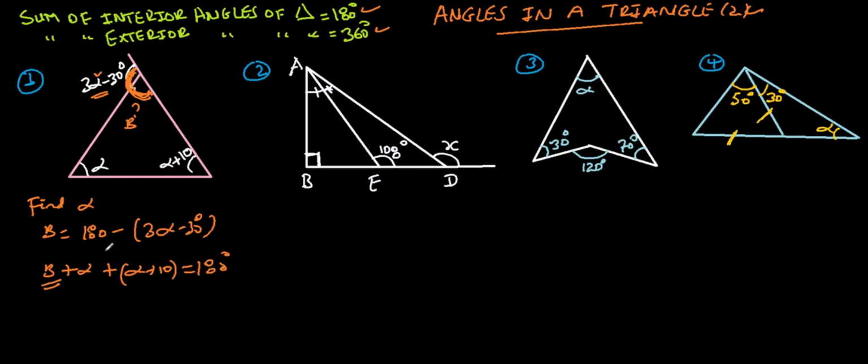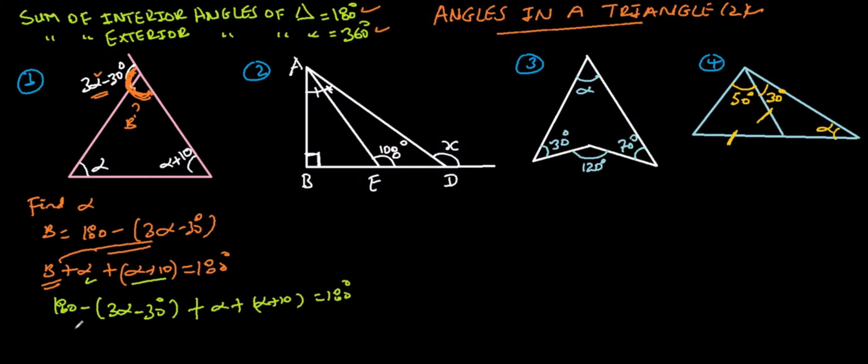We substitute the beta value here: 180 minus 3 alpha plus 30, plus alpha, plus alpha plus 10, must be 180 degrees.